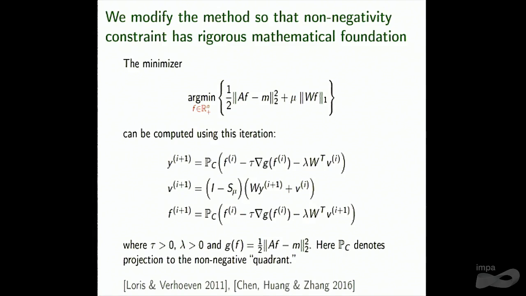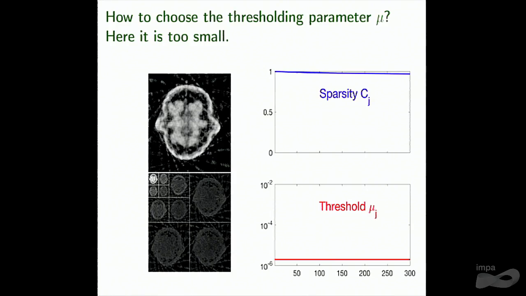So how to choose this mu? Now, if we take quite small mu here, I'm writing mu j as if it would depend on the iteration. It doesn't here, it will later. But now we just have the same mu. Mu j is not depending on j, it's the same all over the iteration.